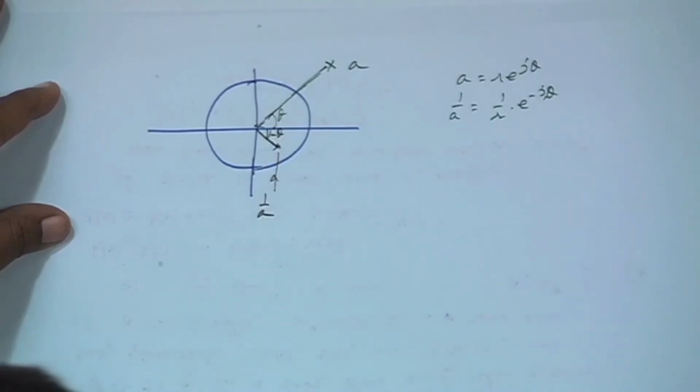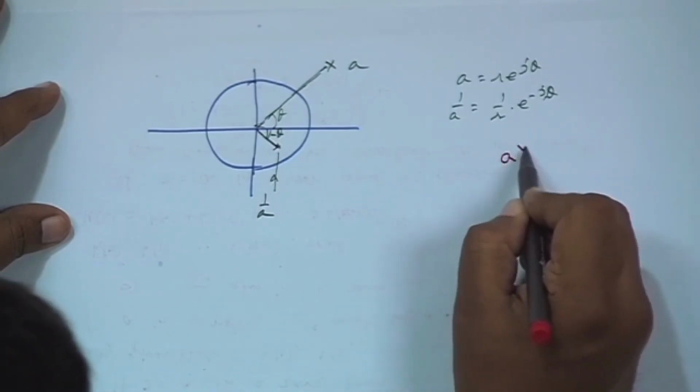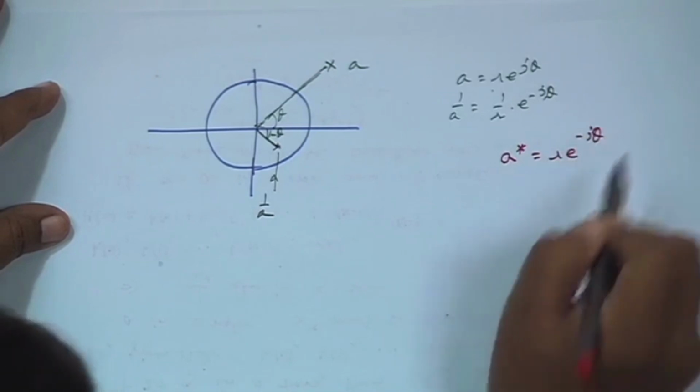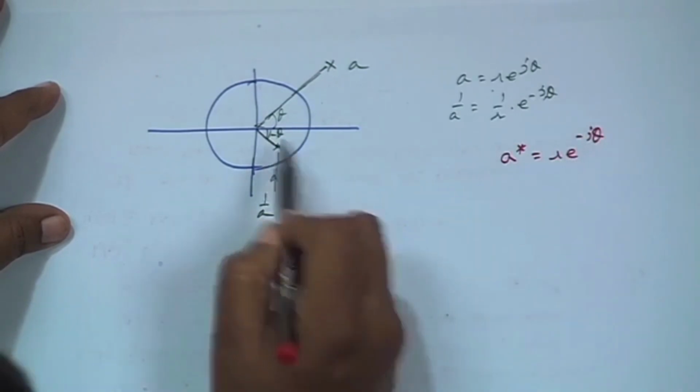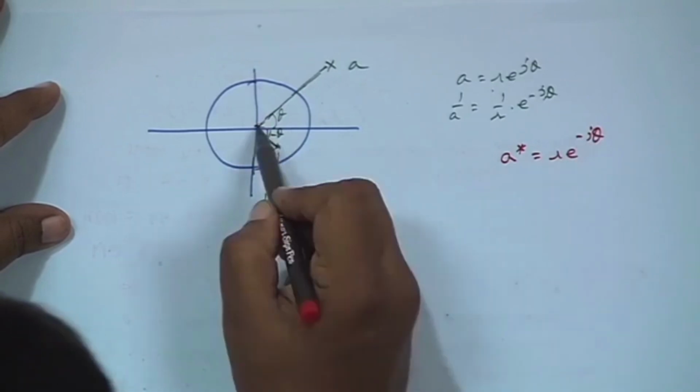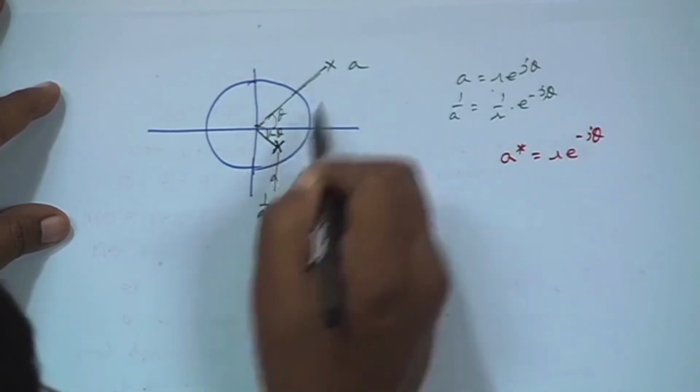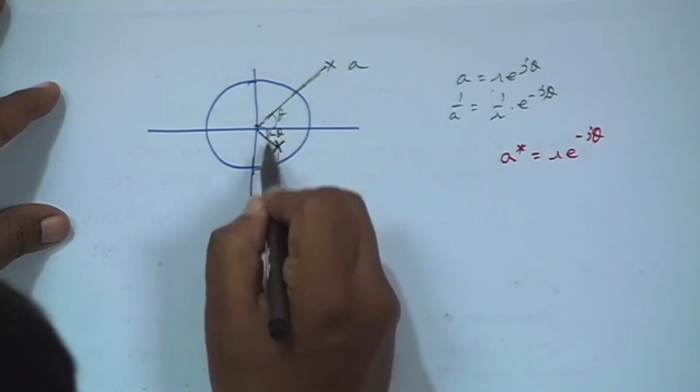and on the other hand a star is another root which will have the same magnitude, only the phase is opposite. So the angle will be minus theta, but the same radius r. So here is one root, here is one, same radius r, but angle minus theta.